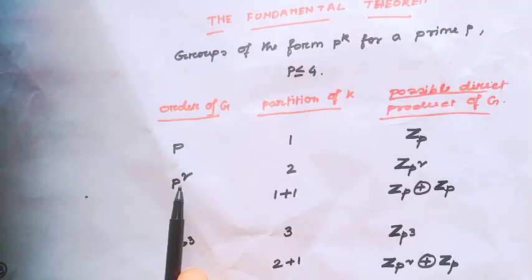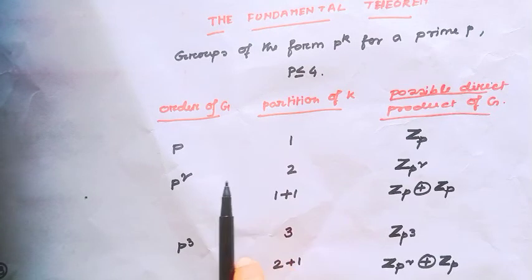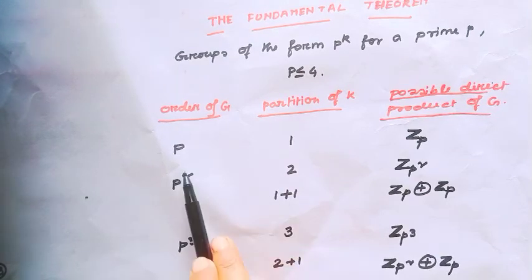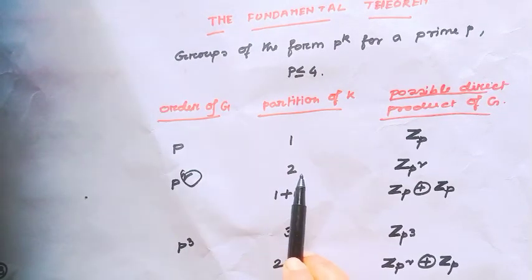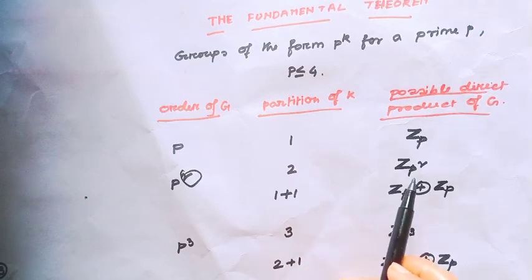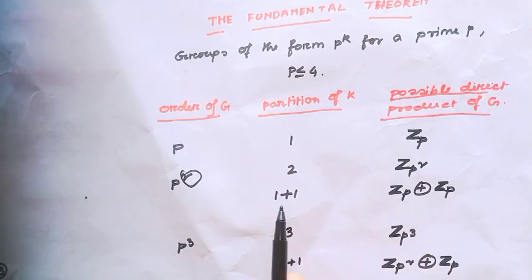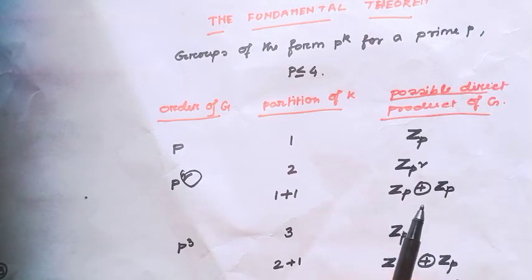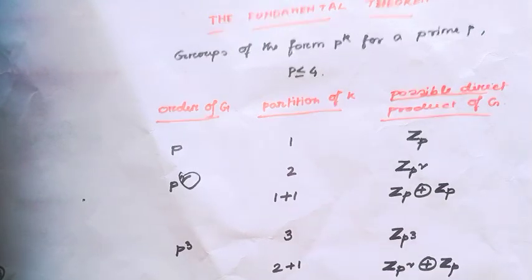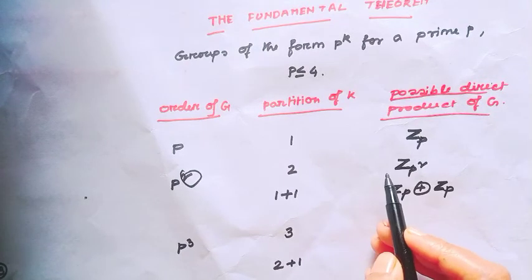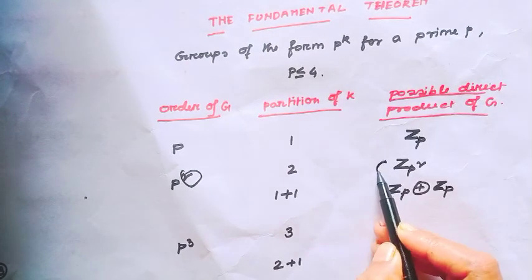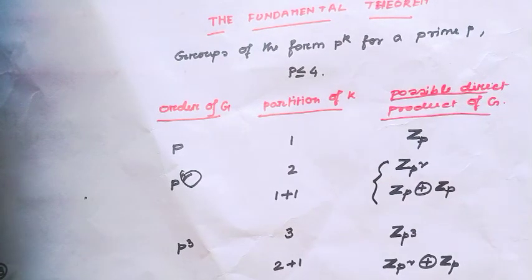Now the order p square, and the possible ways to partition 2 are 2, which gives Zp square, and 1 plus 1, which gives the group Zp direct product Zp. That means there exist 2 possible groups of order p square.